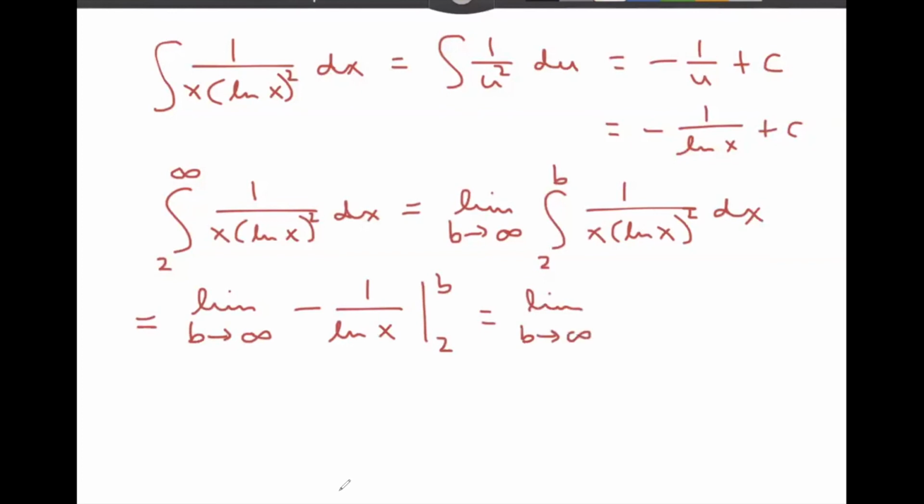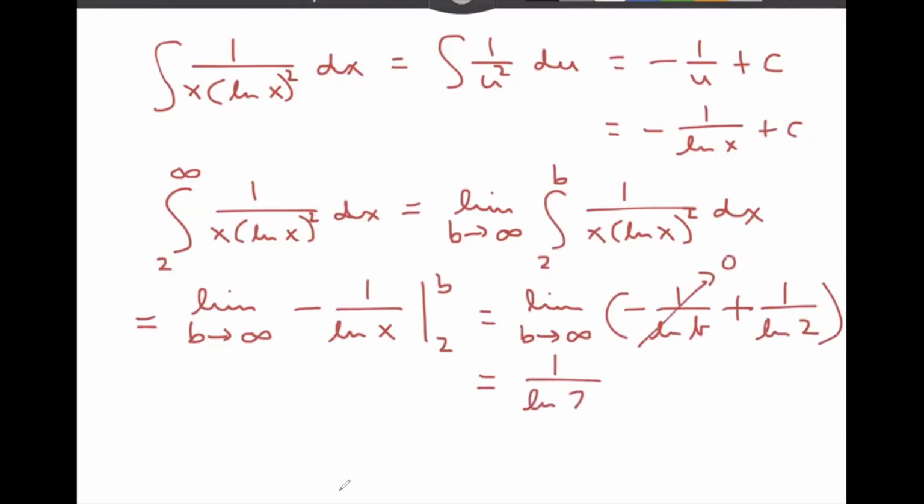All right, so we get negative 1 over natural log b minus negative 1 over natural log 2. And as b increases without bound, 1 over natural log b approaches 0. This limit is 1 over natural log 2. This integral converges to 1 over natural log 2.